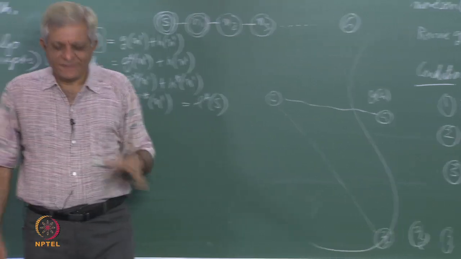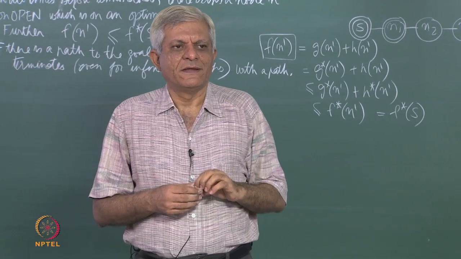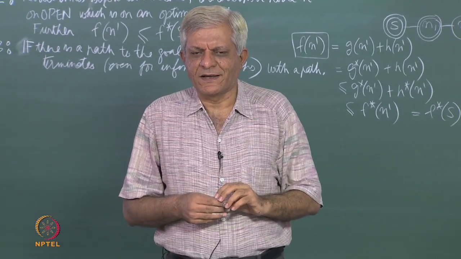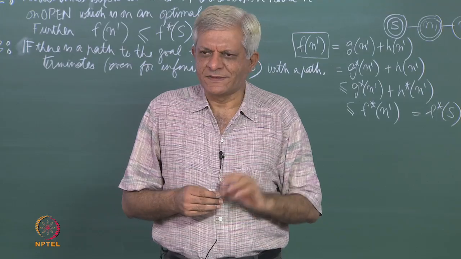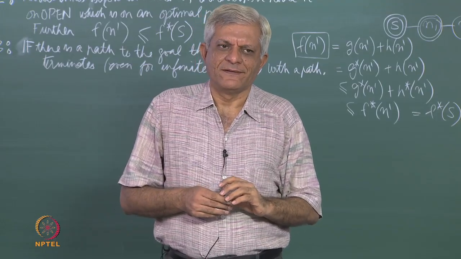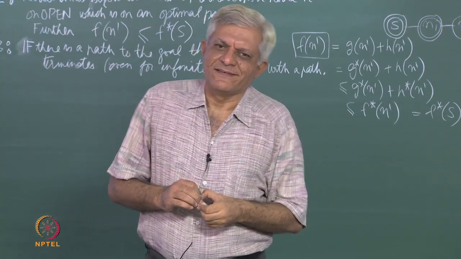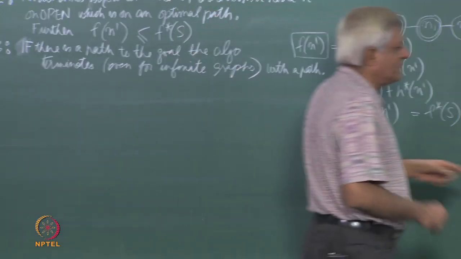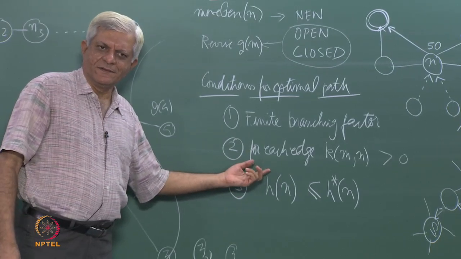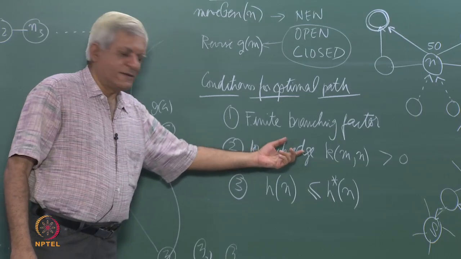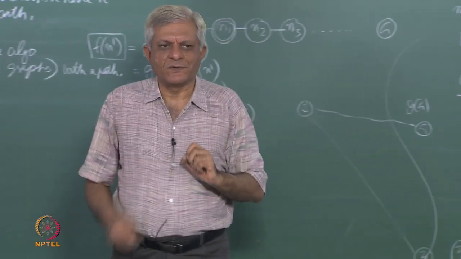Okay. So, as it turns out, this was many years ago when I was teaching the same very point in the class. One of the students in the class, he is now a professor in Princeton, raised his hand and said this is not correct, and it is something to do with this condition. That is why I said for the moment let us assume this condition, that the cost of each edge is greater than 0.